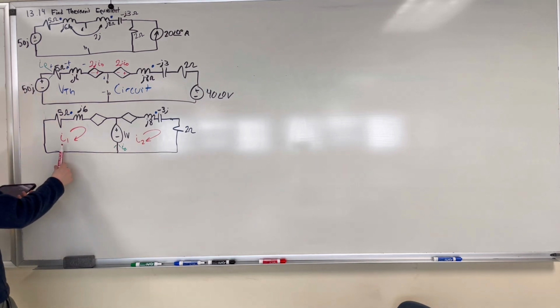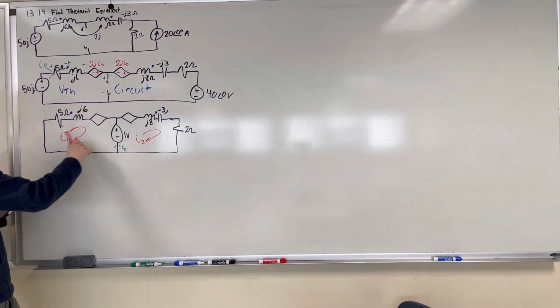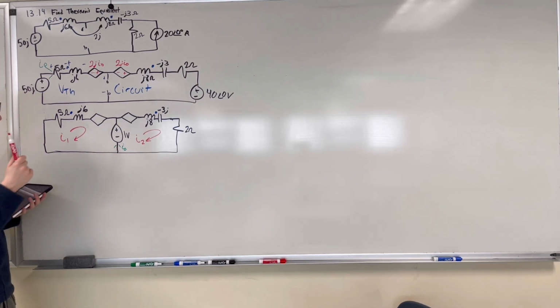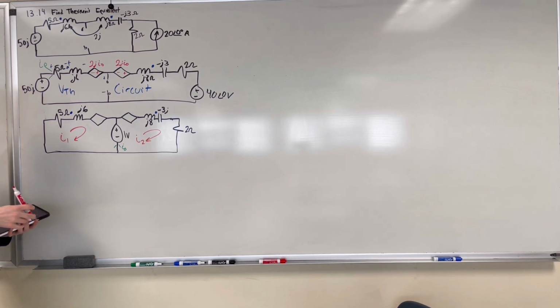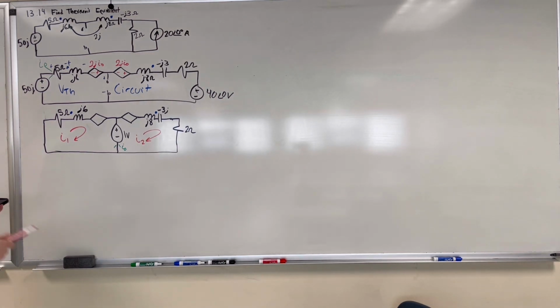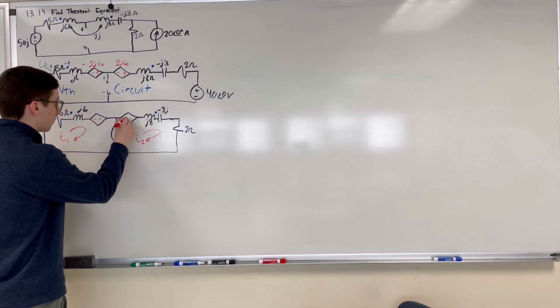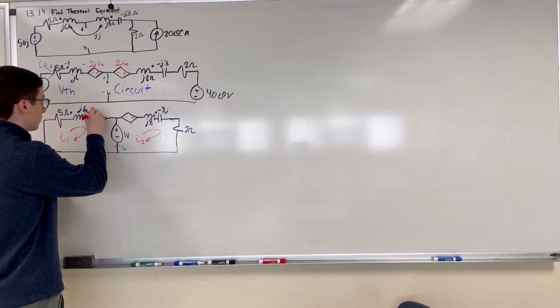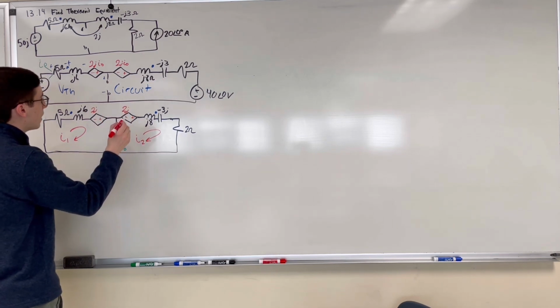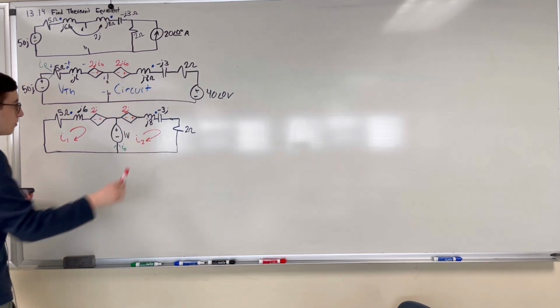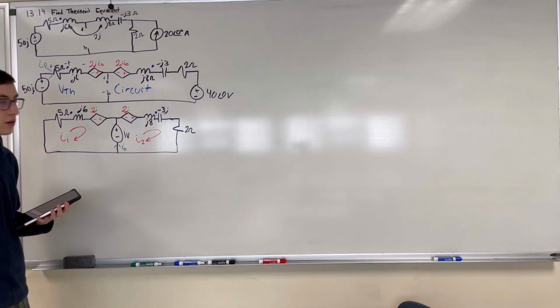But let's say I made I1 going this way, then they would both be leaving, and that would mean we have positive sign convention, but positive dot convention. But since we still have negative, it's still the same thing as negative plus 2J.